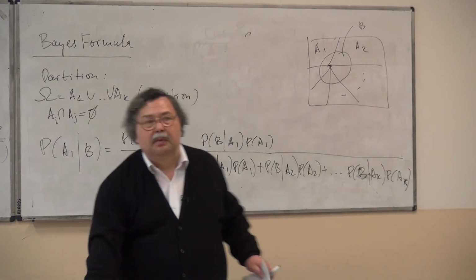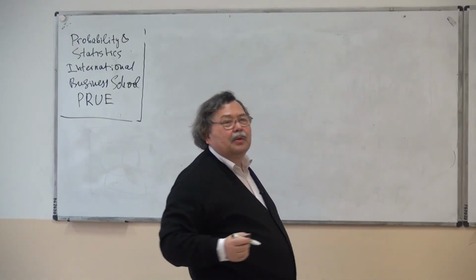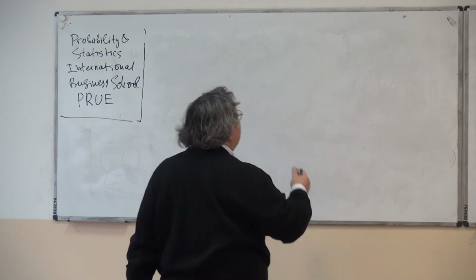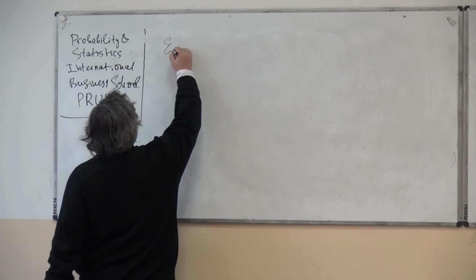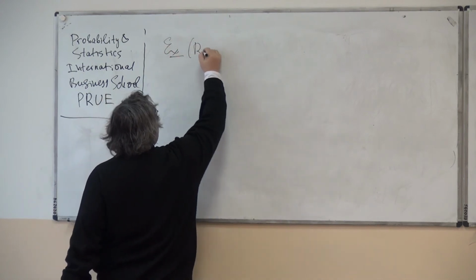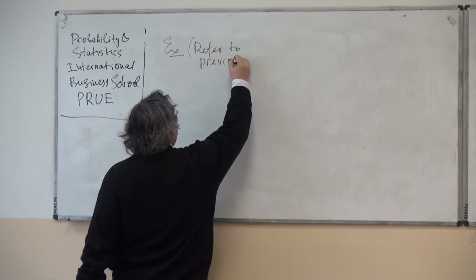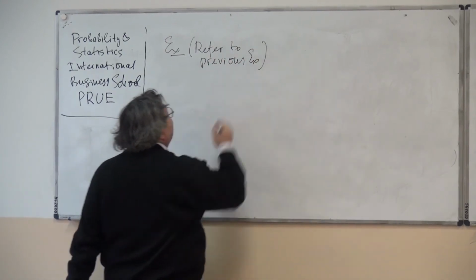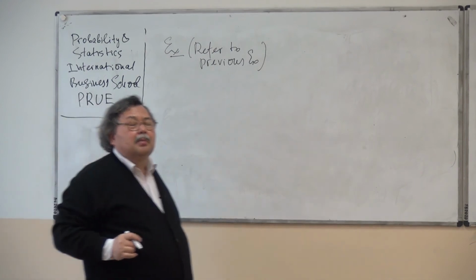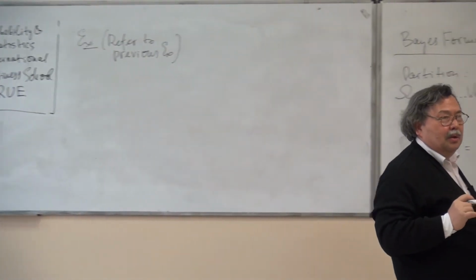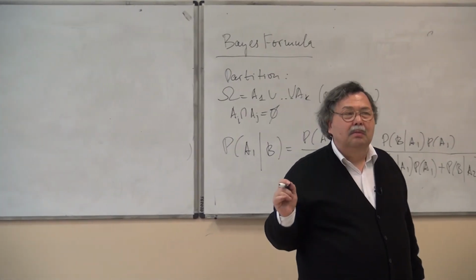Let's give it a couple of examples. Let's refer again to the example of a student and three loving aunts. So let's refer to the previous example. Well, suppose the student finally opens the letter and finds a banknote, but no message at all.